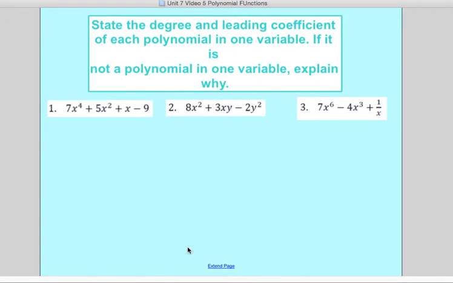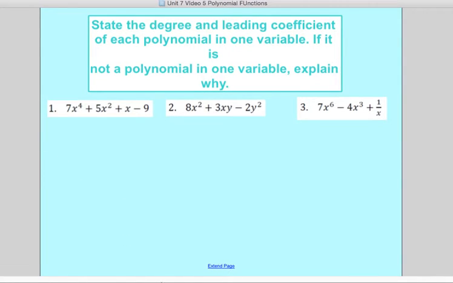It says state the degree and leading coefficient of each polynomial in one variable. If it is not a polynomial in one variable, explain why. To be a polynomial in one variable, there can only be one variable. Looking at example 1, there is only one variable, and I cannot have any variables in the denominator.